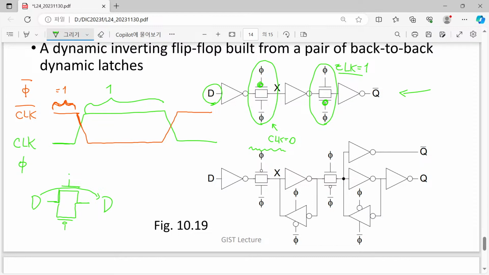However, in this period, in this case we have the second transmission gate, and the second transmission gate does not allow sending it to our eventual Q value. So it is protected. However, only when we have a very short time period here.